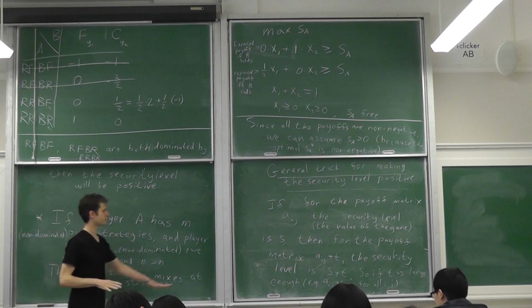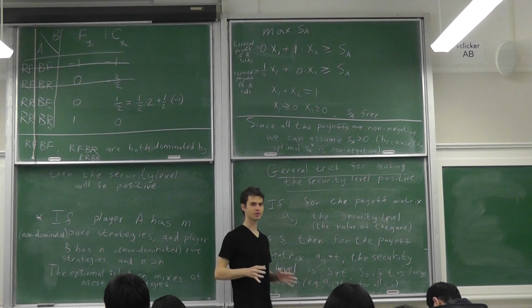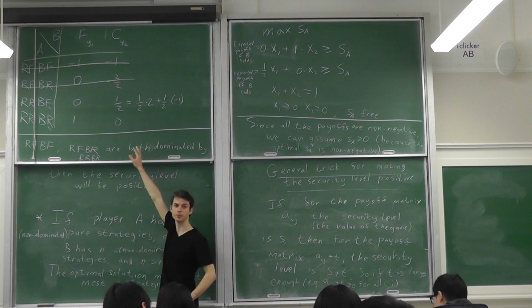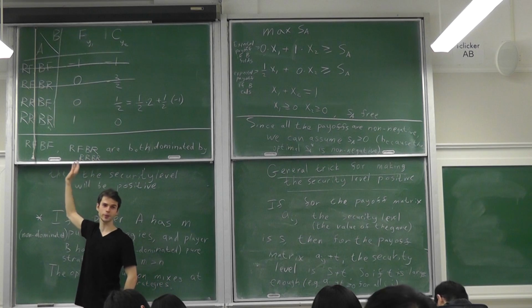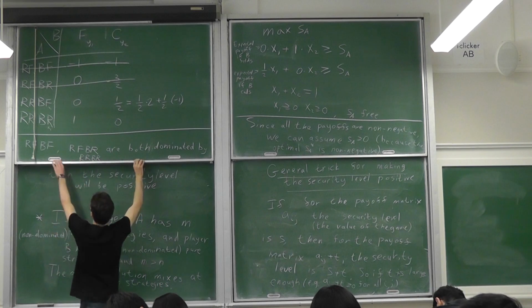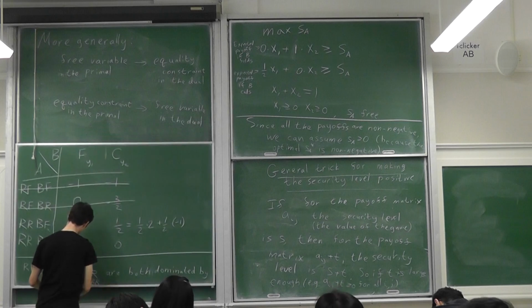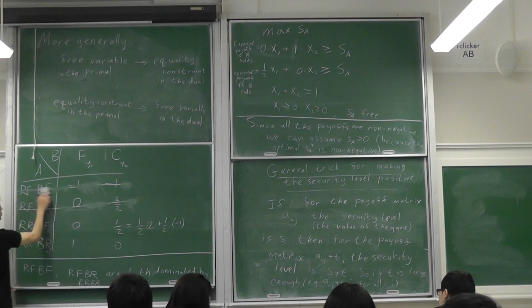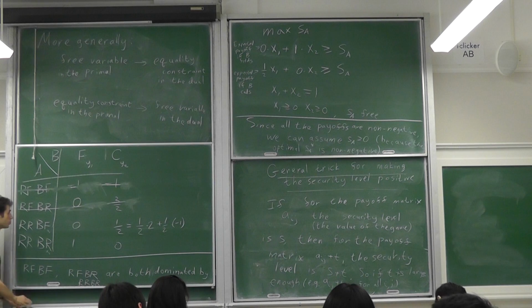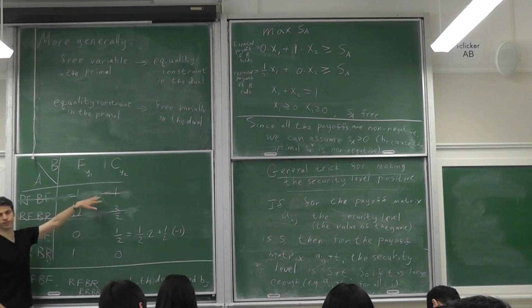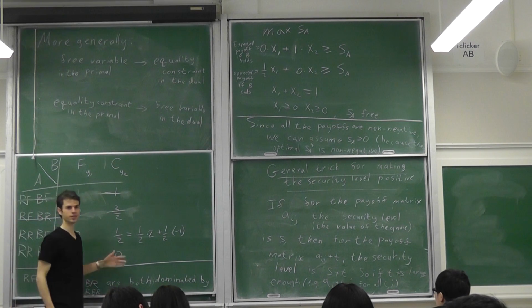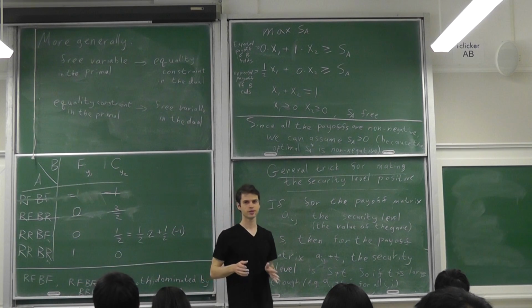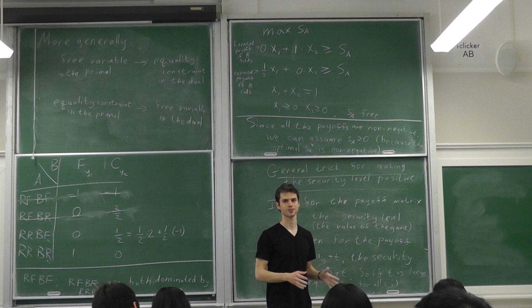So when you translate this information to an actual question, how to solve a given problem, suppose you have a problem like this one, and suppose you didn't think to eliminate the unnecessary strategies. The problem looks like it has some negative entries, and maybe the security level could possibly be negative.